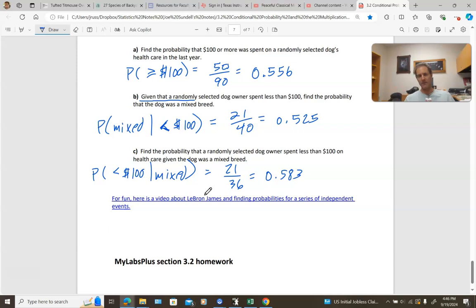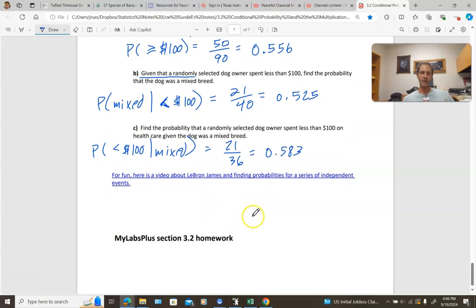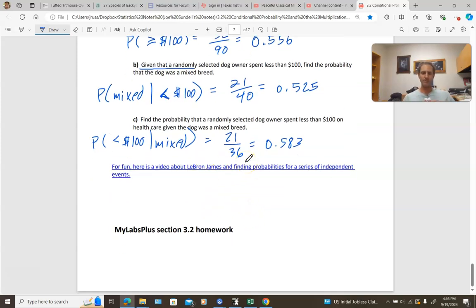I believe it's been a while since I've watched it. I used to show it to my classes that I taught on campus, but it's kind of fun to watch because it deals with this whole idea of dependent versus independent events. And you're also utilizing the multiplication rule as well. So you can watch that if you want.